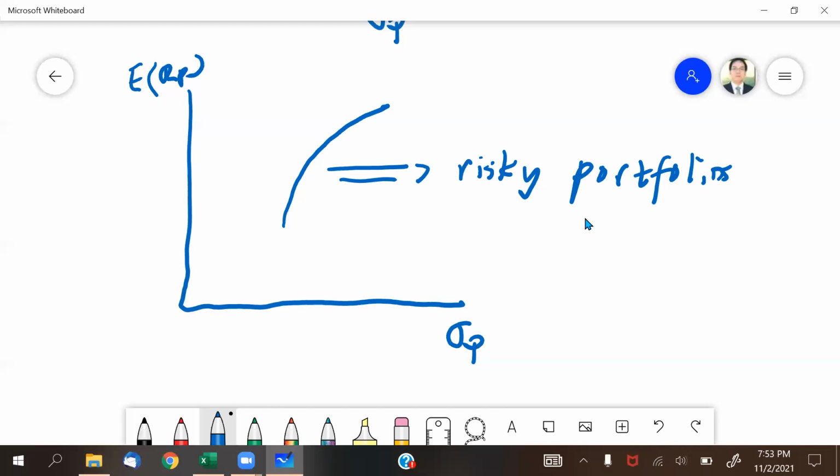On the other hand, in the real world, we have a risk-free asset. And again, as we discussed in our previous videos, the risk-free asset is arguable.